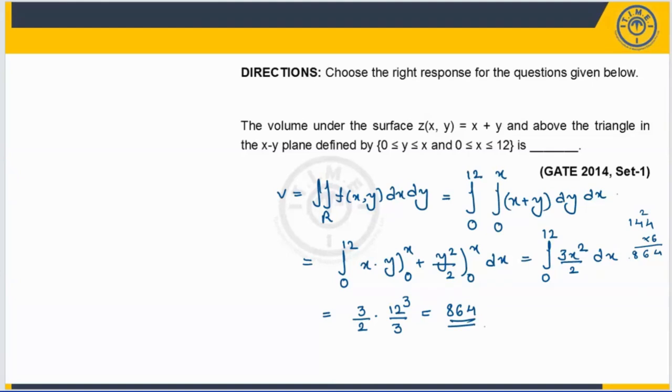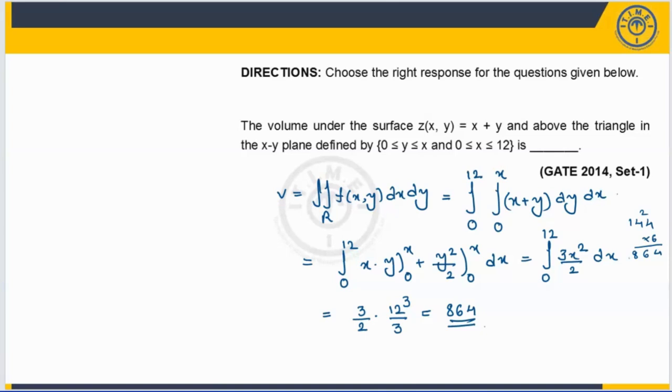And seriously, guys, remember, if it is a question on double integrals or triple integrals, think of it as a 2 marks question. So far, I have never seen a question with 1 mark when we talk about double and triple integrals. Each question is of 2 marks.